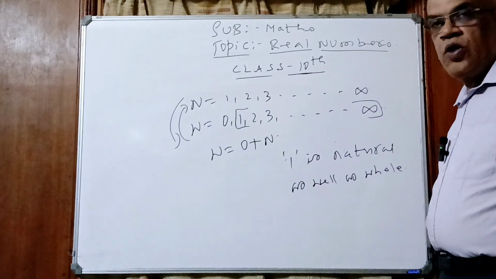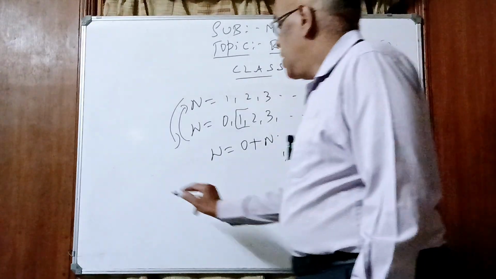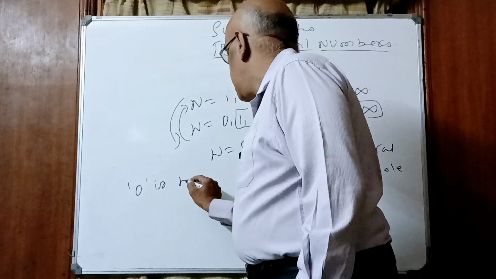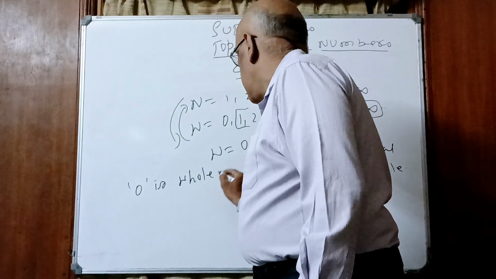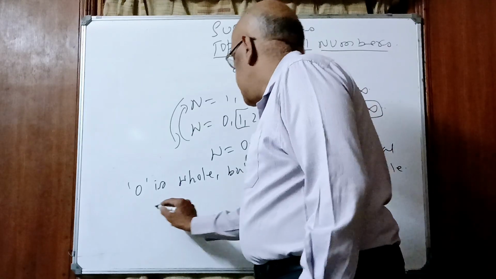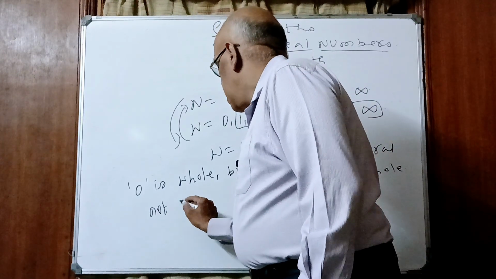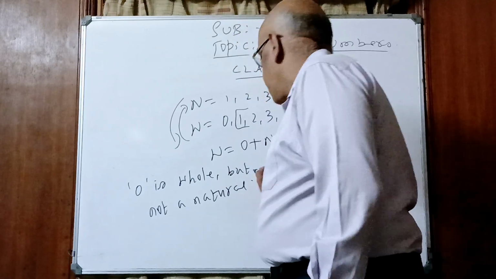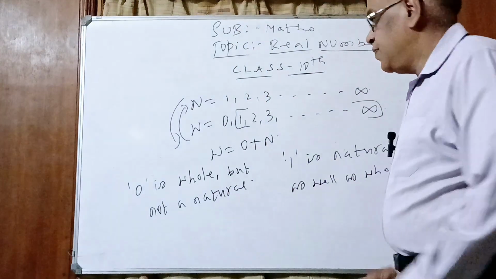Yes or no, children? 0 is a whole number but not a natural number. Yes or no, children? That's it.